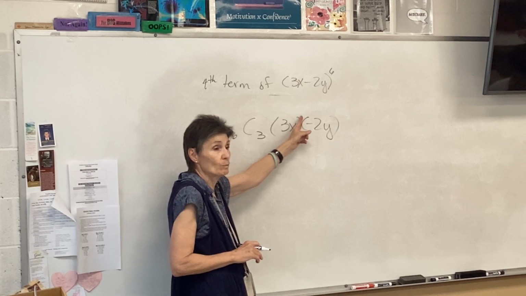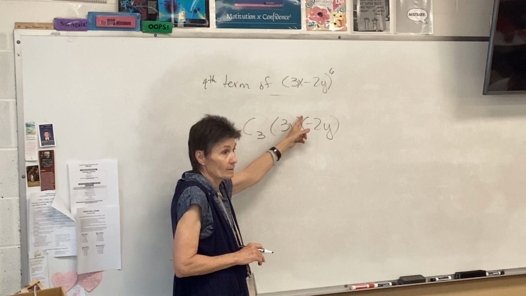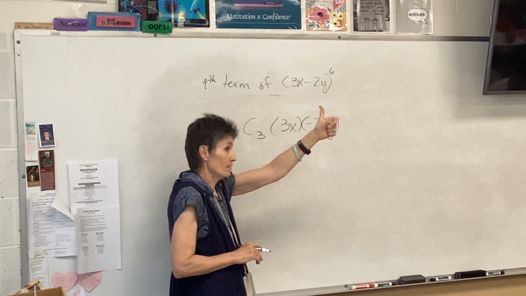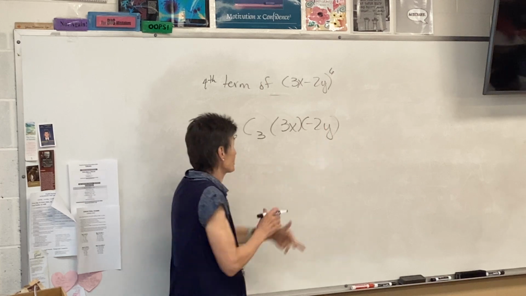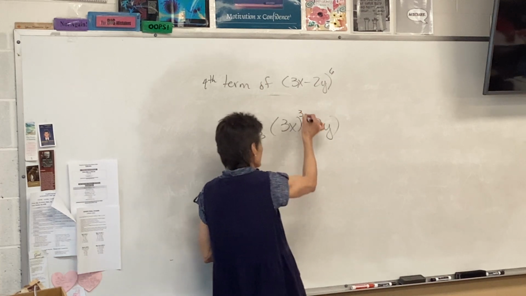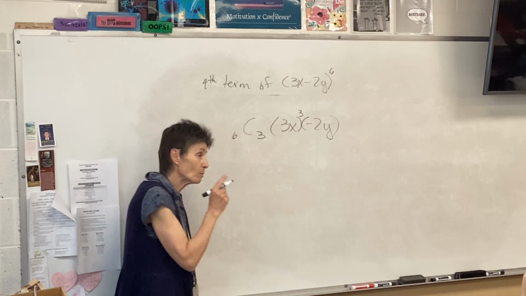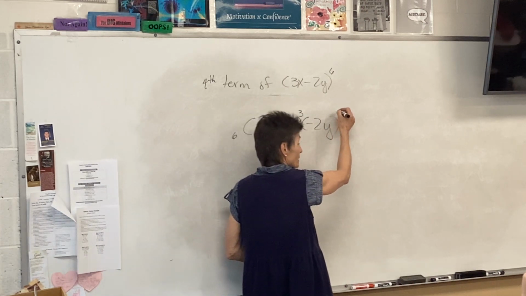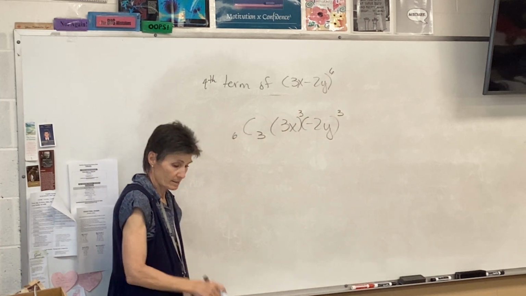The first exponent would be 6. So the first one's 6, and then it goes down to 5, 4, 3. So the fourth term, just counting on my fingers, would make that a 3. And if that one's a 3, then so is this one, because they gotta add up to 6.